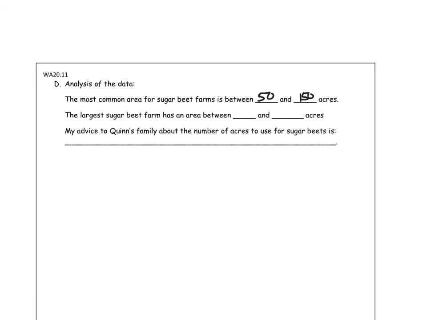And the largest sugar beet farm is between 750 and 850. So your advice to Quinn would be what? Well, I'd say maybe go between 50 and 150 acres because it's common. Or maybe you want to go a little larger to kind of stand out in the crowd.